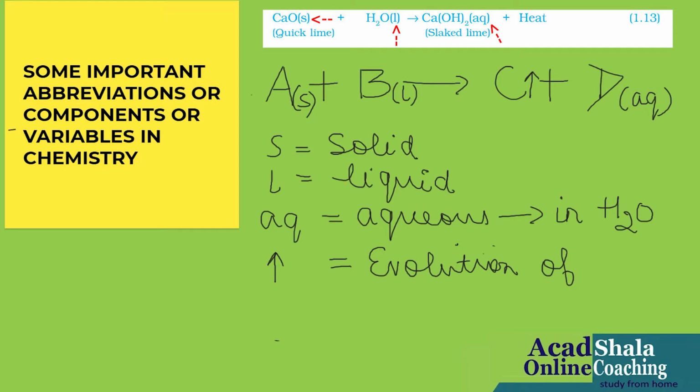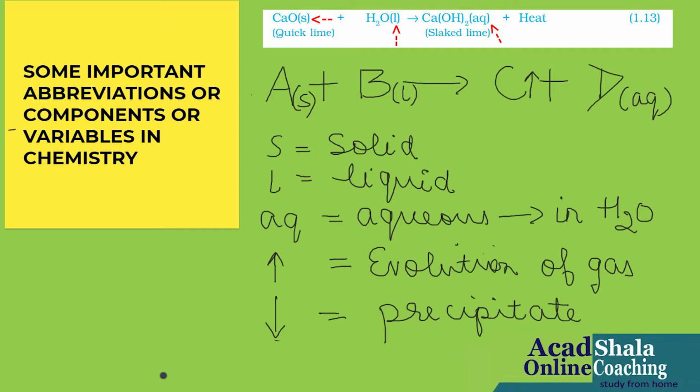Now, I have taken a very general equation, A plus B gives you C plus D. And in any of the equations, if you see the arrow facing downwards, it means precipitate.